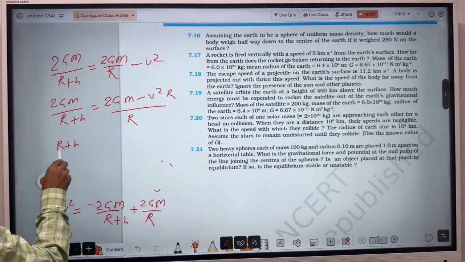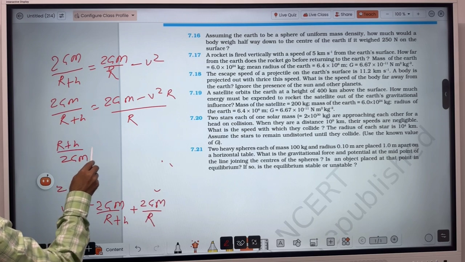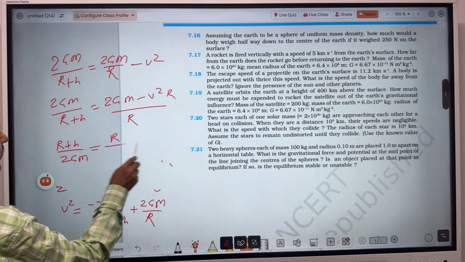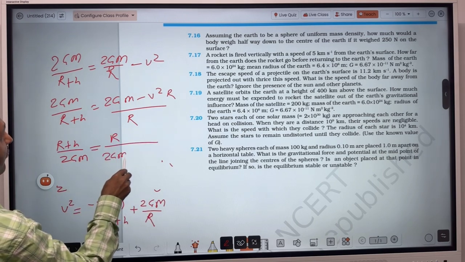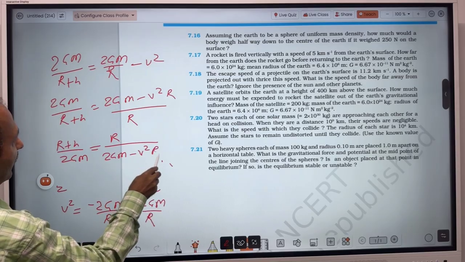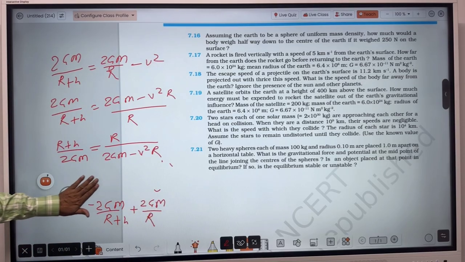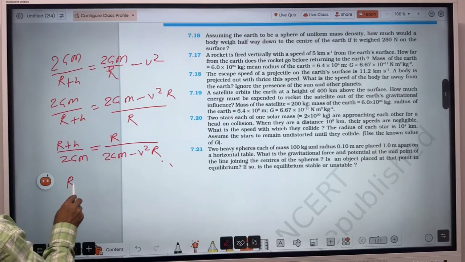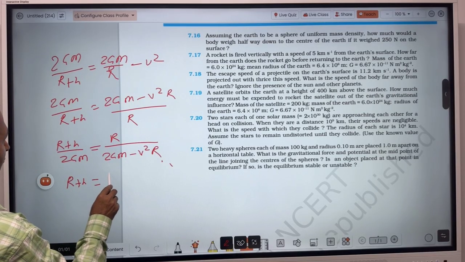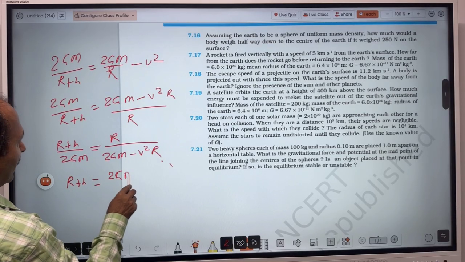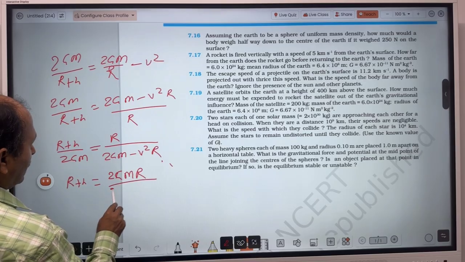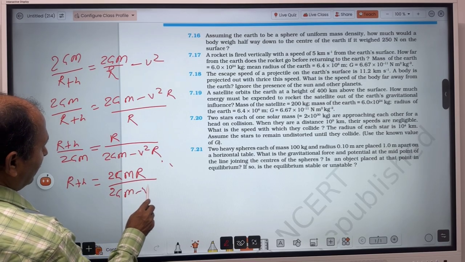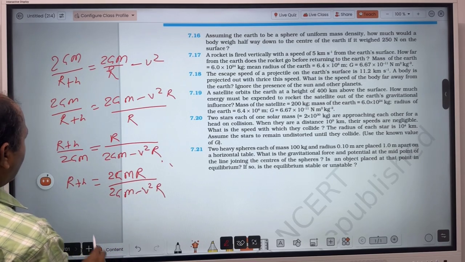(R plus h) divided by 2GM equal to R divided by (2GM minus v square R). So R plus h will be how much? R plus h equal to 2GMR divided by (2GM minus v square R).